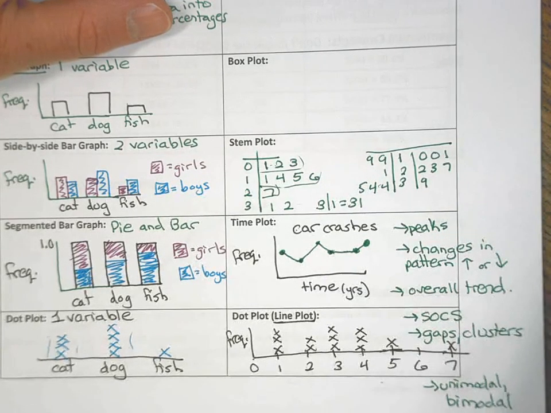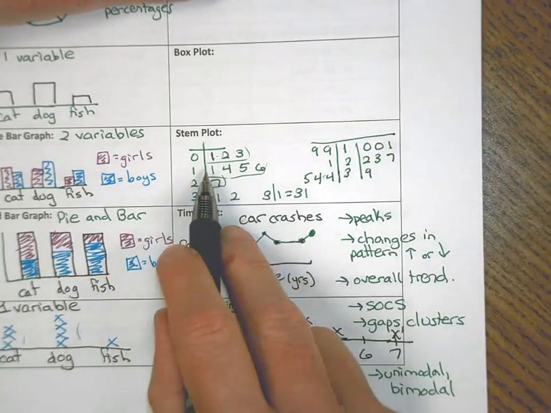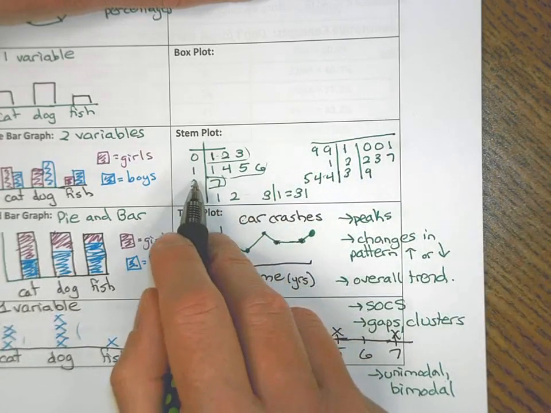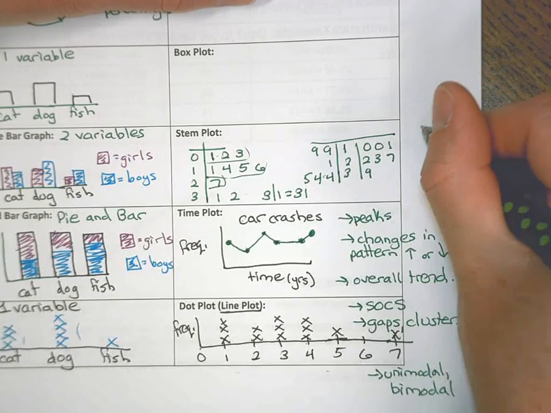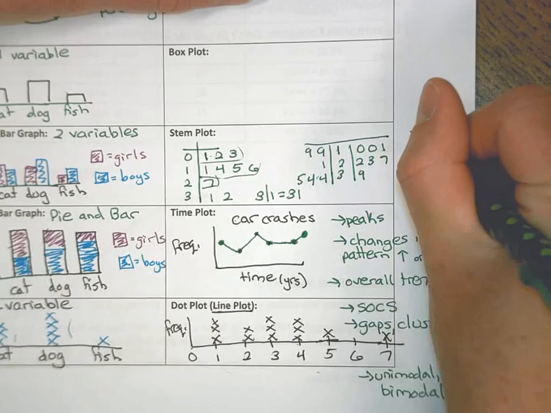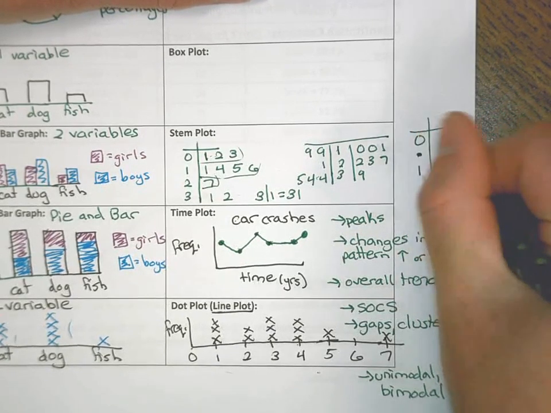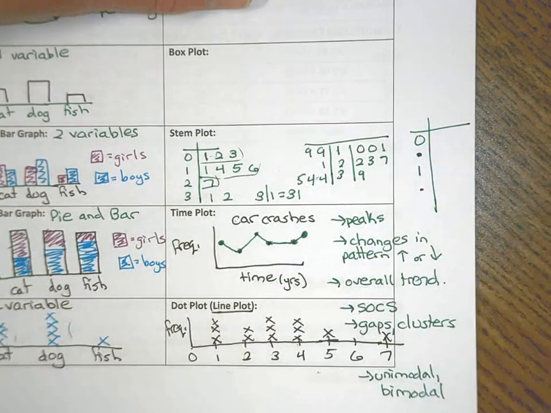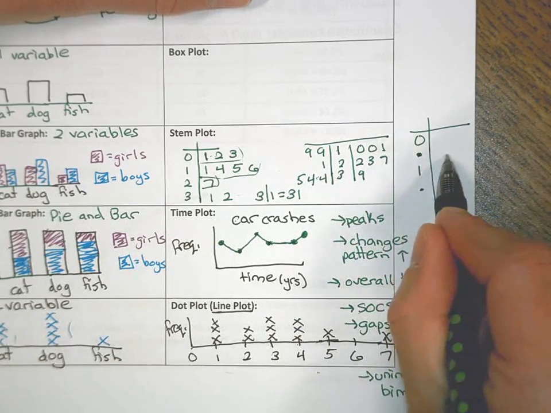There's also your split stem, where if maybe there's a real long grouping here, rather than counting by tens, I could count by fives. And it would make more sense if they would just repeat the number on the left-hand side, but a lot of times they don't. And they'll just put a dot right there, and then a 1, and a dot. So for the 0, I'm only going to go up to 4, and everything 5 through 9 would be in this second row right here.